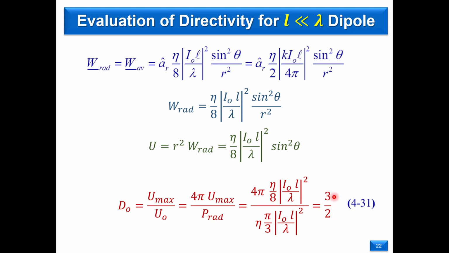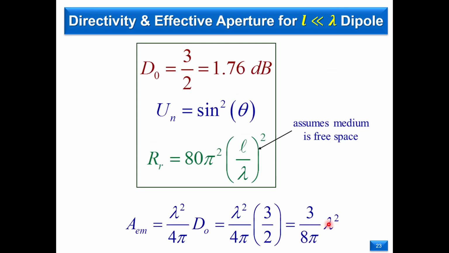So the maximum directivity of an infinitesimally small or short dipole antenna is 1.5, which is equivalent to 1.76 dB.